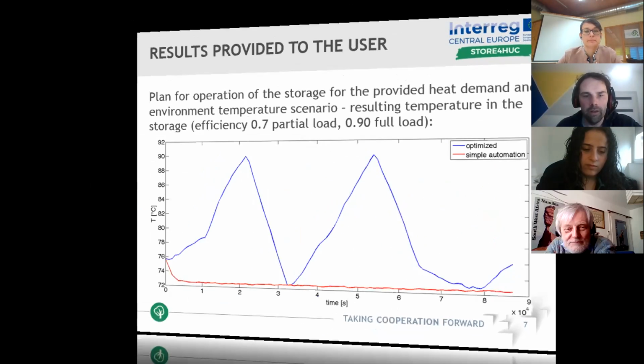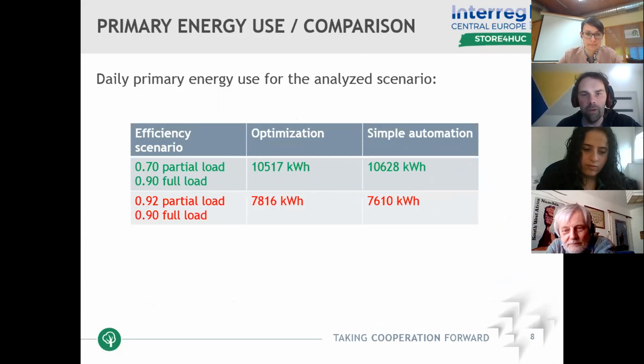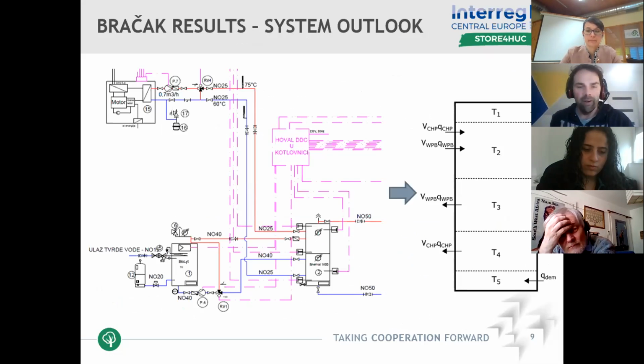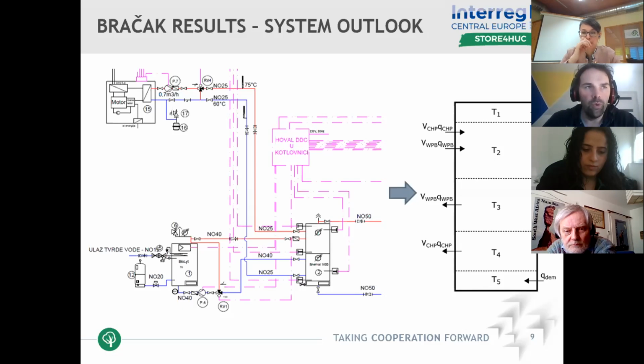Okay, then let's focus a bit now on Bračak. I wanted also to explain the results we have for Bračak by now. Miljenko will, I hope, pay more attention. These are still not final results, as we still need to work on the optimization procedure.